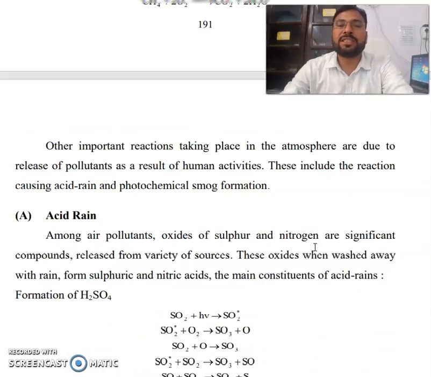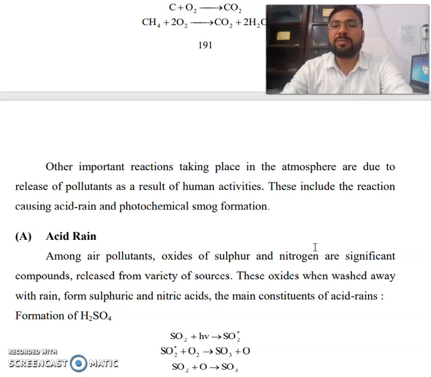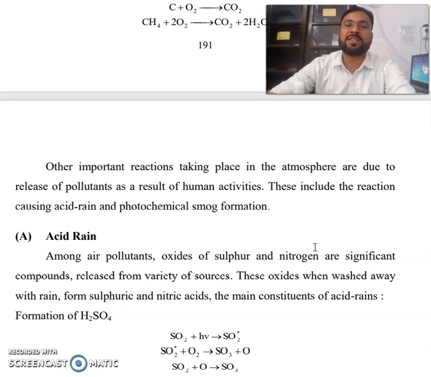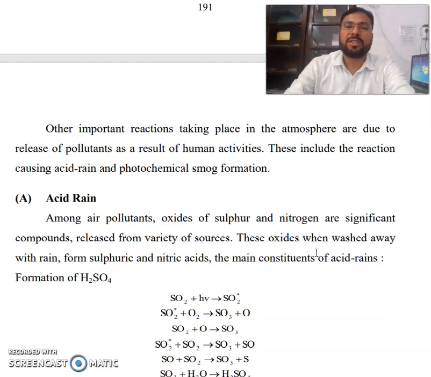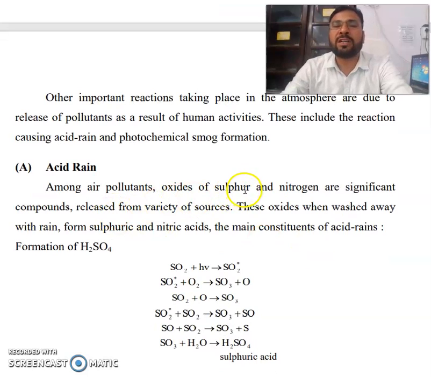Other important reactions taking place in the atmosphere are due to the release of pollutants as a result of human activities, and these include the reactions causing acid rain and photochemical smoke formation. Look at here, what is the meaning of acid rain?